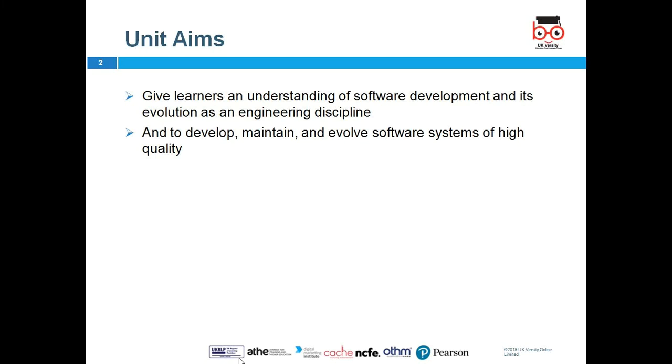You will be developing the software slowly and gradually, with no abrupt actions, but step by step. And then, obviously, to develop systematically, maintain and evolve software systems of high quality.